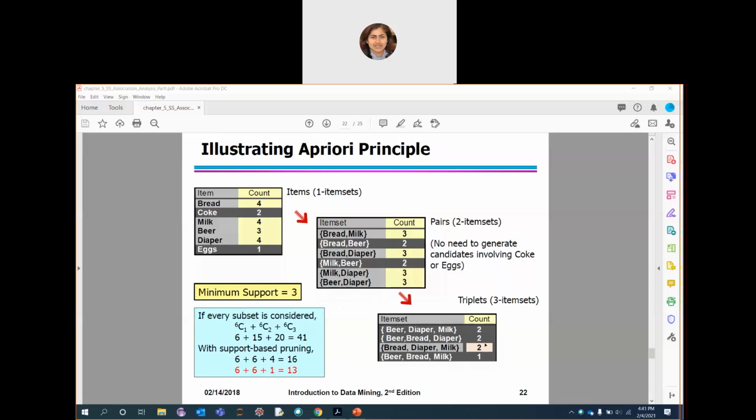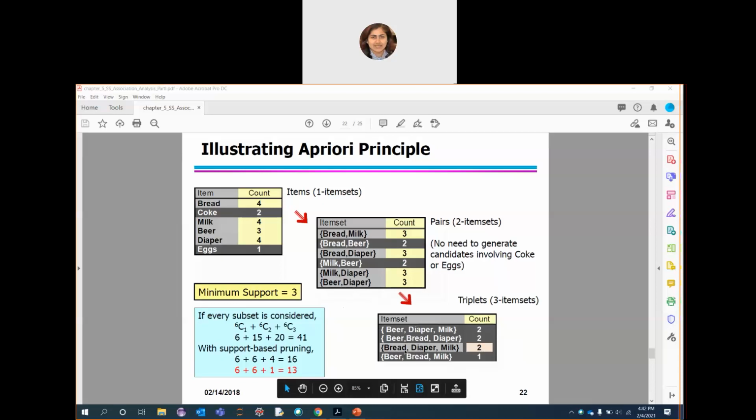There, bread, beer, milk will be discarded because it is 1. But as all of them have the same support count, all of them are less than 3. But still we need something, right? From these 3 item sets or triplets, we need to consider one. So which one do we have to consider?